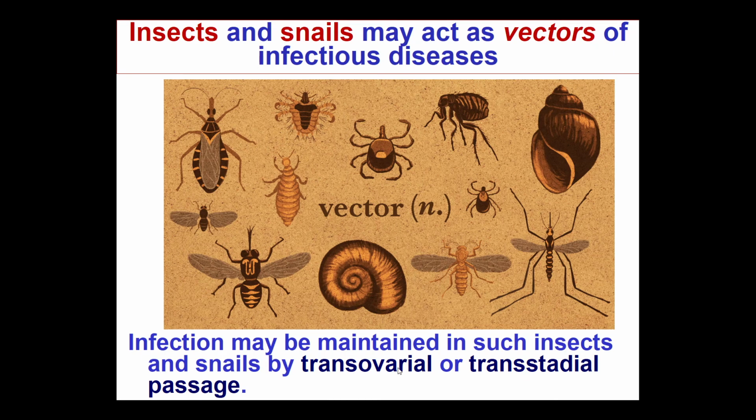It means transovarial from the maternal tick to the daughter, so the larval stage of the tick. Transstadial means that at different ages these parasites change their shape and size, but remain infected by the microbes.